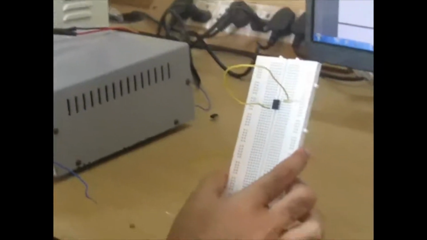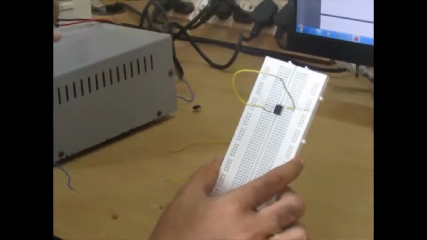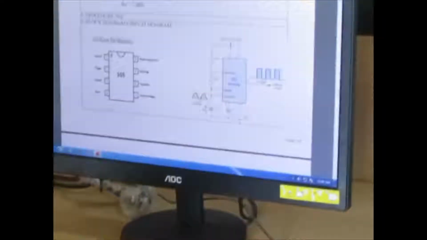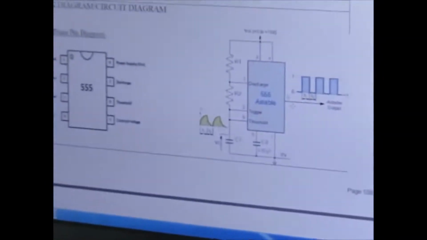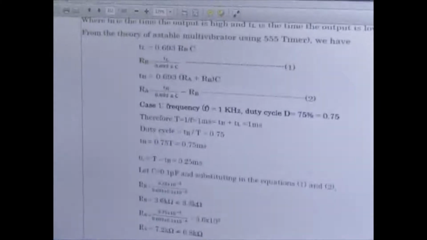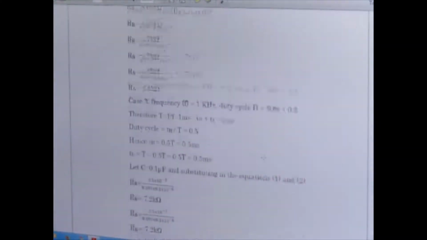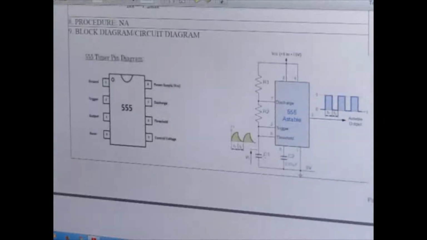The next one, from pin number 8 to pin number 7 we are going to use R1. Here we are doing case 1, so the R1 value will be 6.8K. Hence we are going to use a 6.8K resistor.